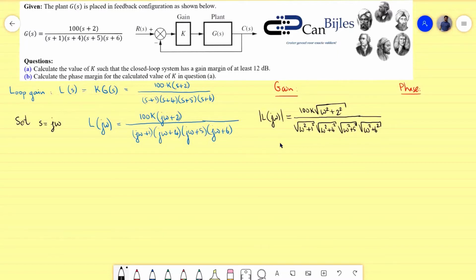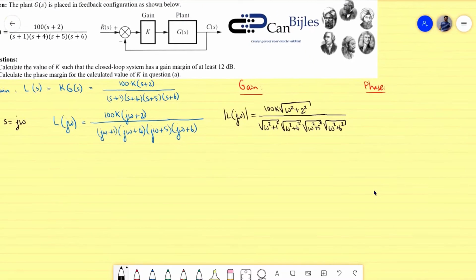All right. So the next step is the phase. Now, the phase expression, you will look at this expression again for your loop transfer function. You will look at the numerator phase contribution and the denominator phase contribution. So the contribution of the numerator is positive and the contribution of the denominator is negative.